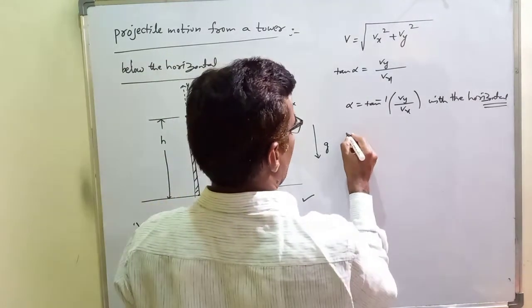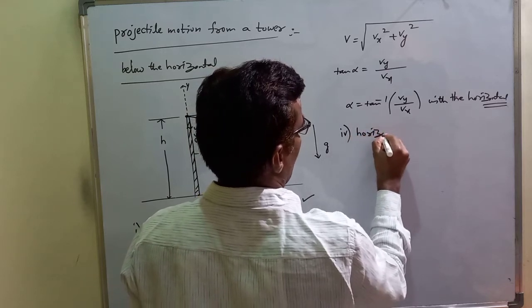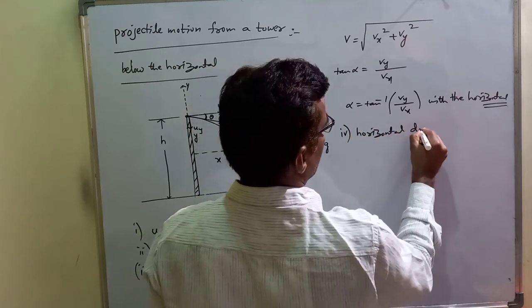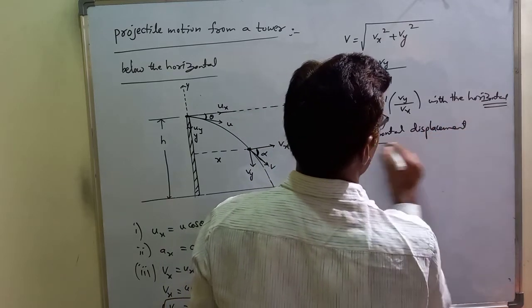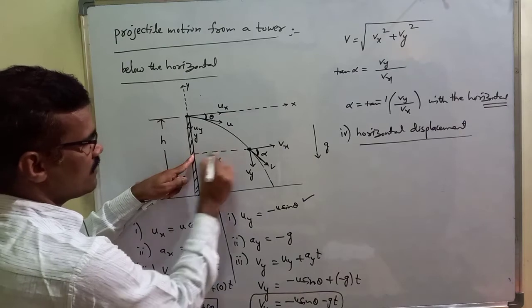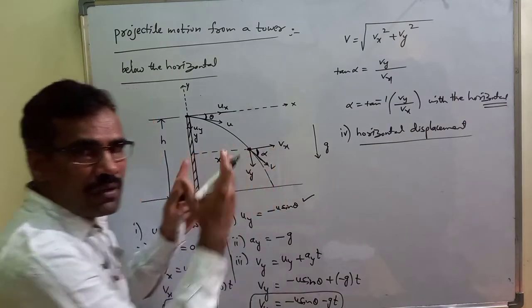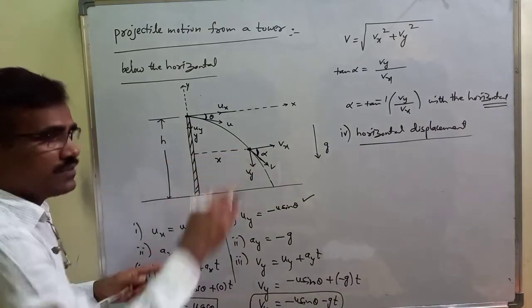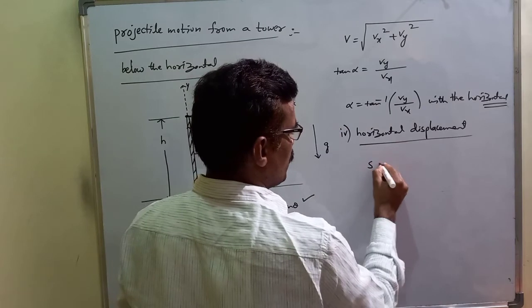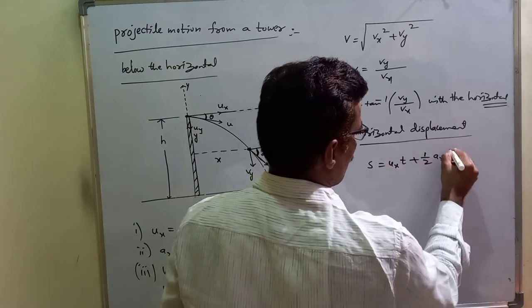Then horizontal displacement after t seconds. This is the horizontal displacement. Why does it move horizontally? Because of the horizontal component of velocity, Ux. That's why we use S equal to uxt plus half axt square.